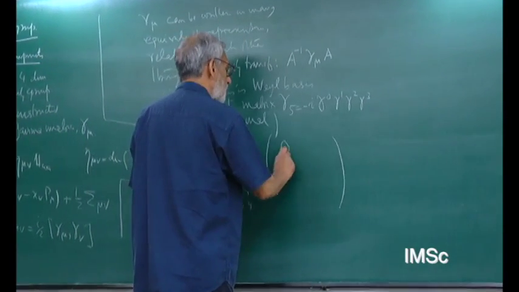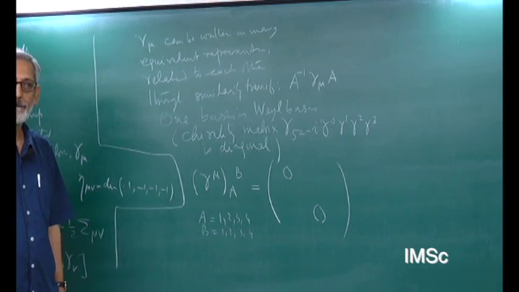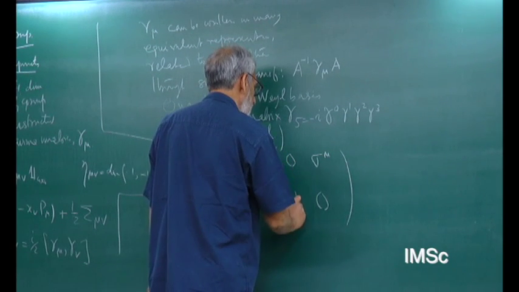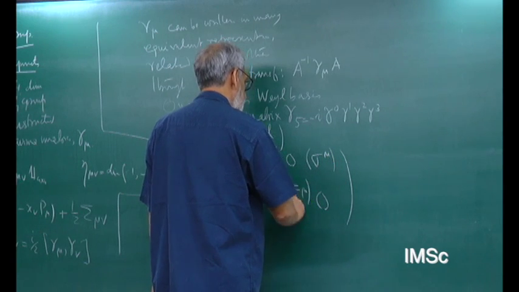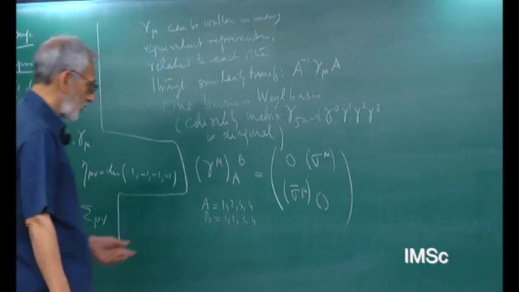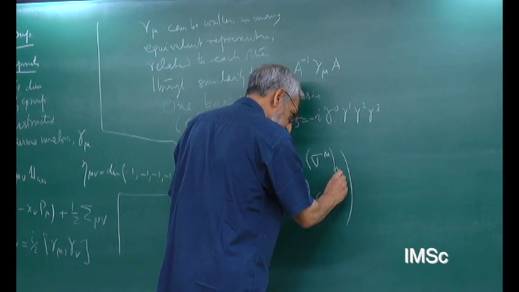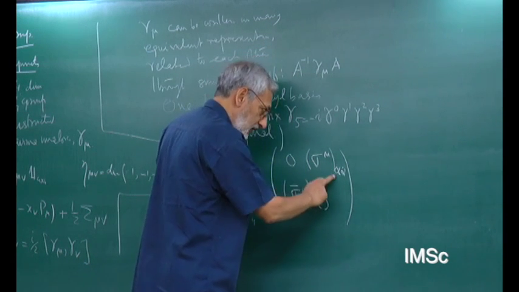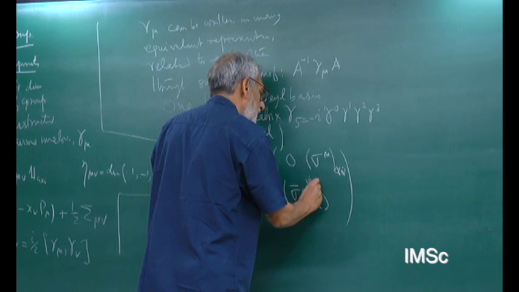Diagonal blocks 0, 2 cross 2 block, and here sigma mu and here sigma bar mu, and we label the components of this 2 cross 2 block as alpha and alpha dot down, and this one beta dot beta up.